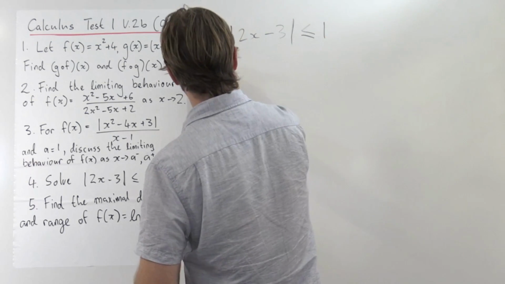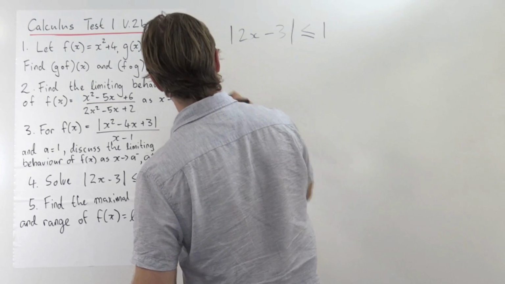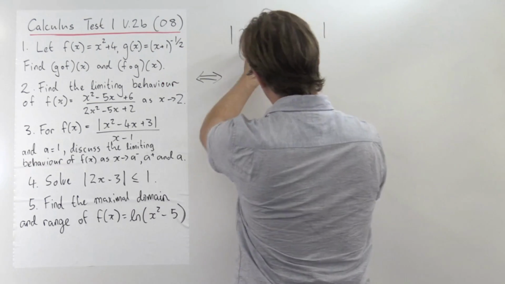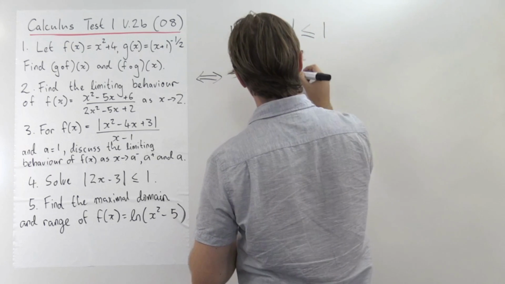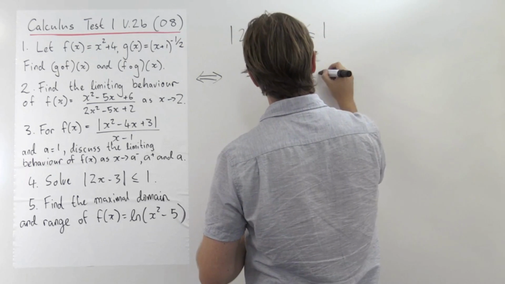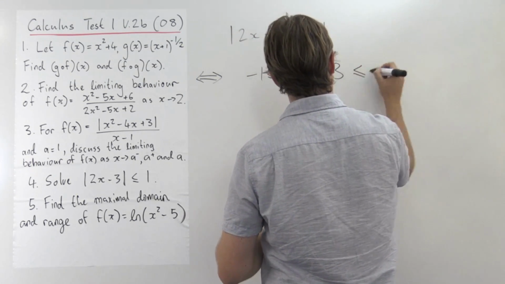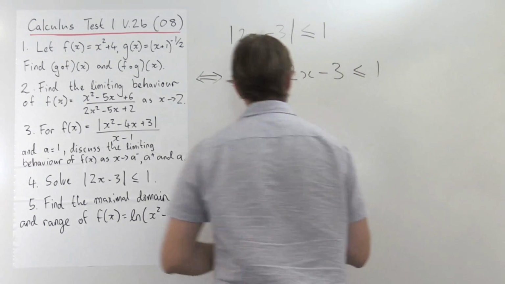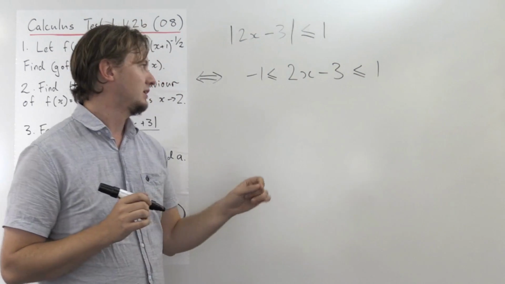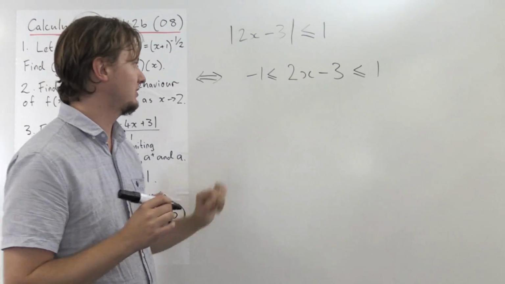Well, that is the exact same statement as wanting this quantity inside here to be greater than or equal to minus 1, or less than or equal to 1, which is a little bit easier to see, I think. Now, I can play with both of these inequalities at the same time.